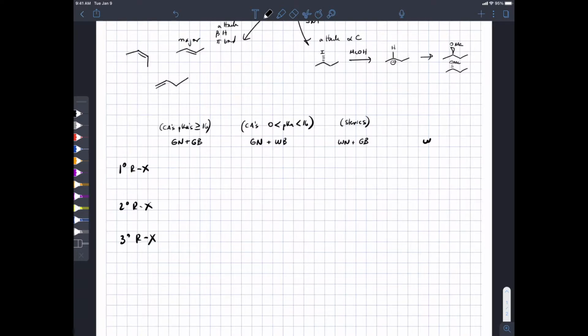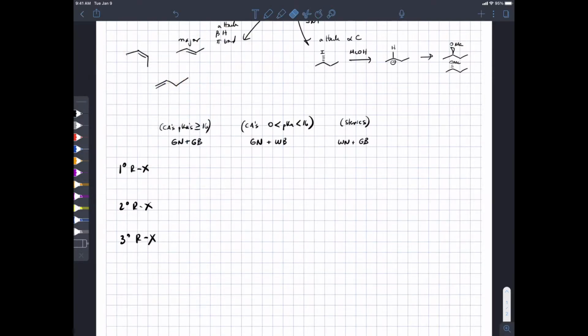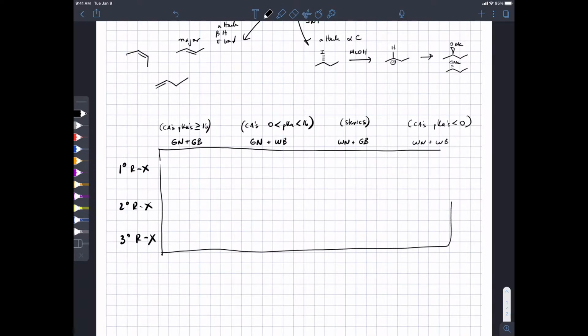And then we have molecules that are neither good nucleophiles nor good bases. And these tend to be molecules whose conjugate acids have pKa's less than 0. So let's talk through each of these options, and we'll do maybe some easy ones first.